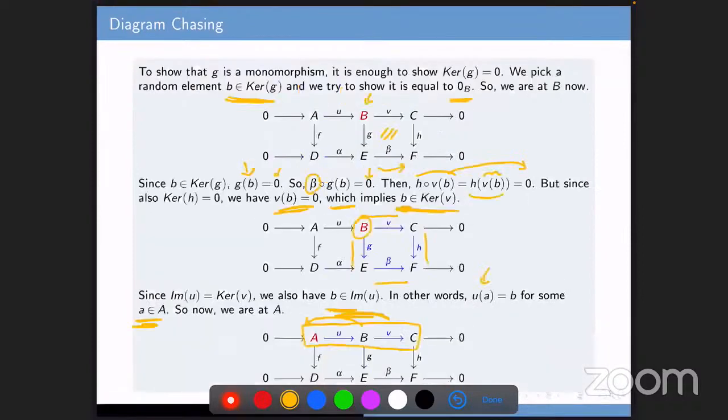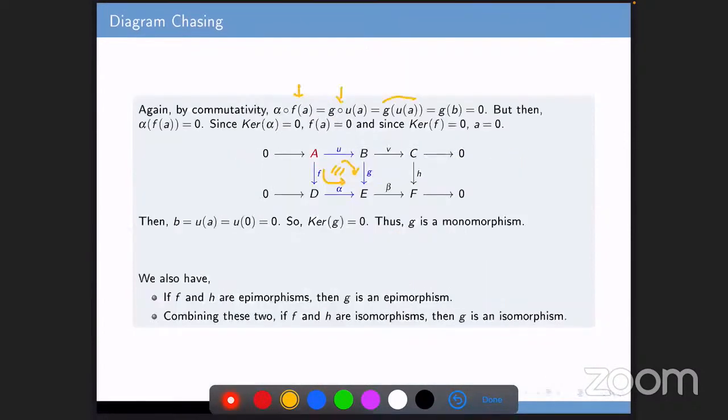UA is equal to B, but we know from the start that G maps this B to 0, because this B was an element of kernel G. Then this means that alpha composed with FA is going to be equal to 0, too. So alpha FA is 0.